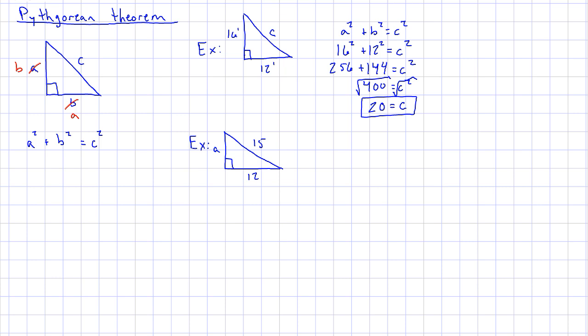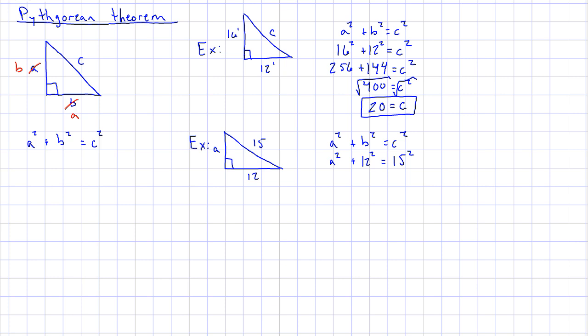The important thing is that C is the hypotenuse, which is across from the right angle. So I have A squared plus B squared equals C squared. Now I'll start plugging things in. A, I don't know, so I'll leave that. B squared, that's going to be 12 squared. And then C squared, C is 15, so 15 squared.